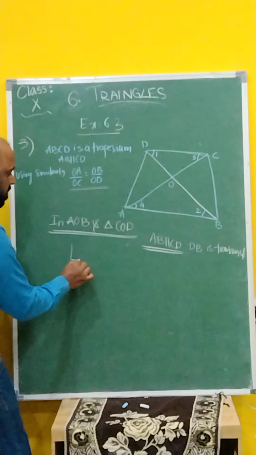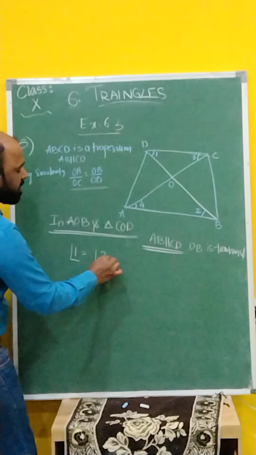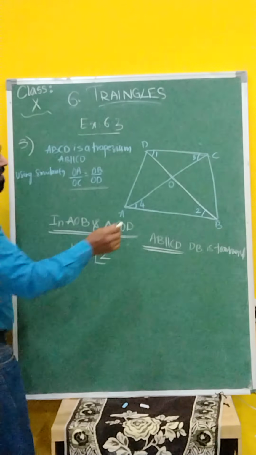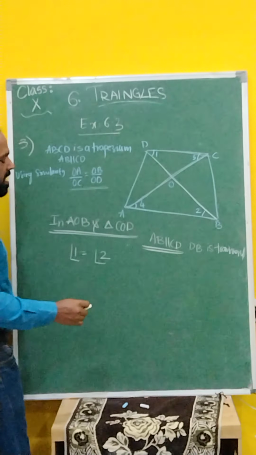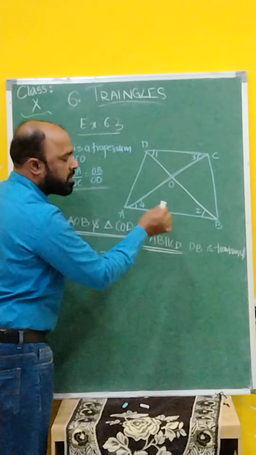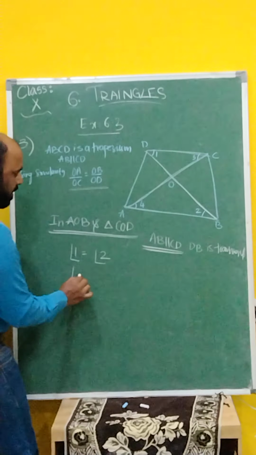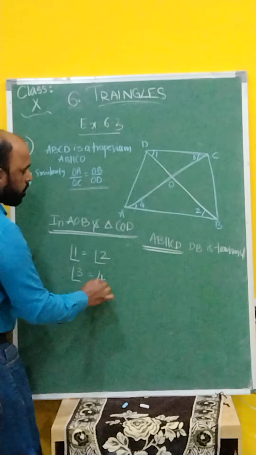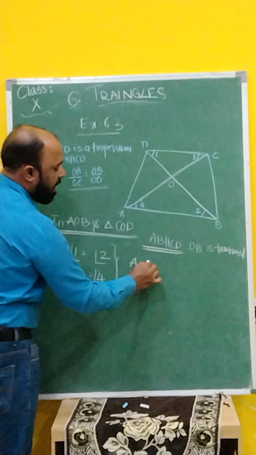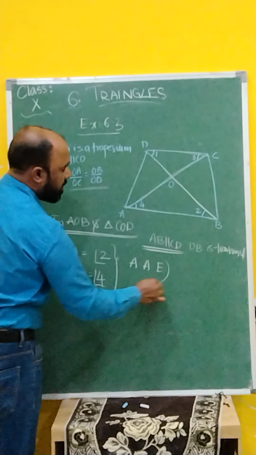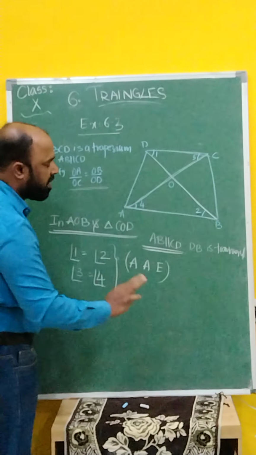Next one, same way. CA is a transversal, then angle 3 is equal to angle 4. Clear, children? What is the reason here? Alternate angles are equal. Clear.